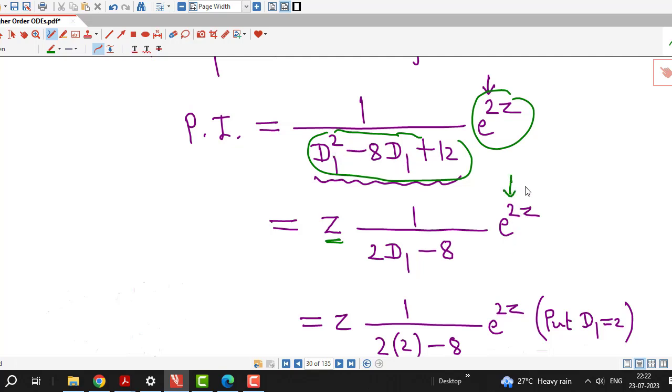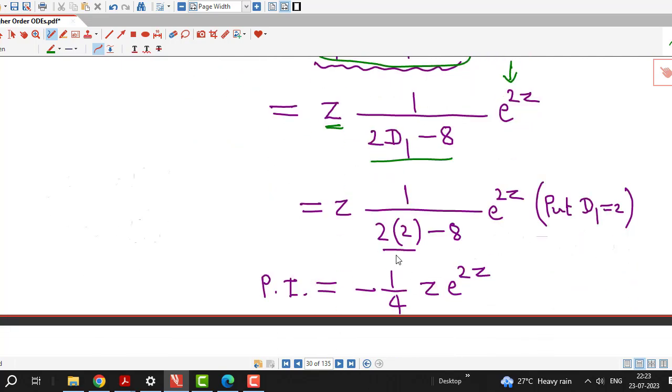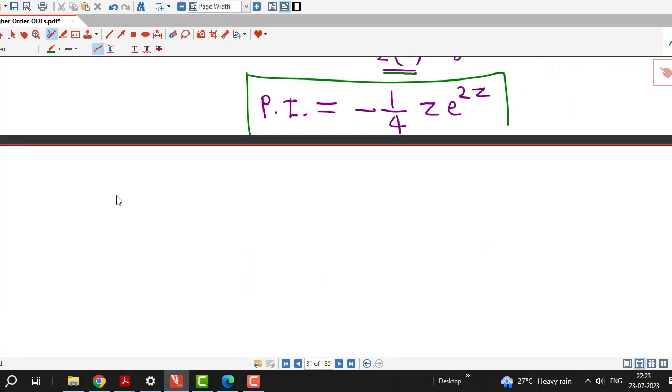Then again I put D1 equal to 2 here, and I find that I am having 4 minus 8, that is minus 4, which is non-zero. Therefore this is my particular solution or particular integral.